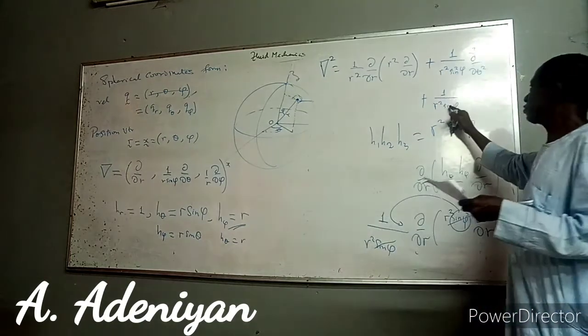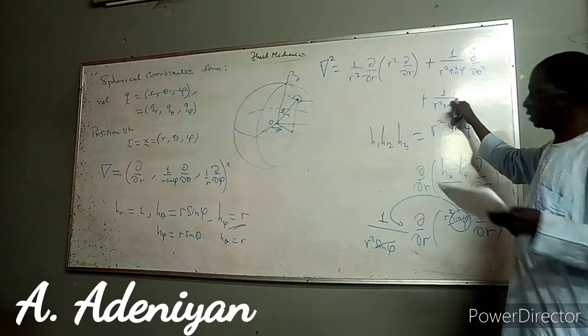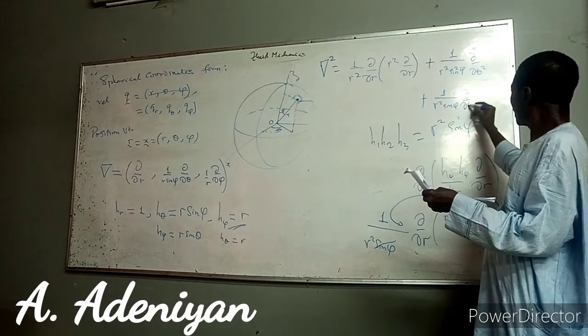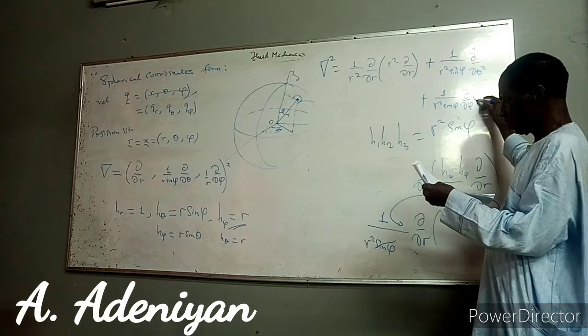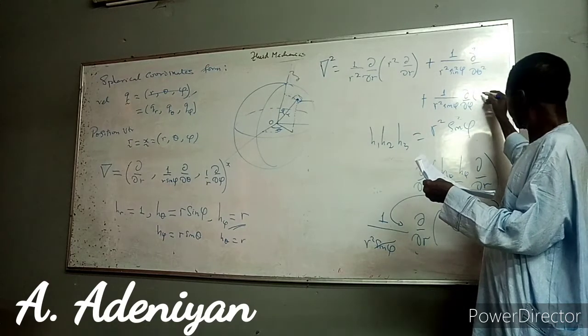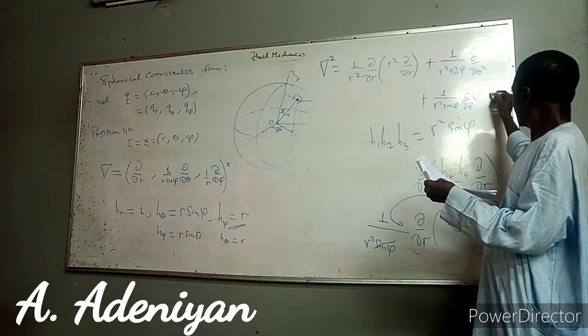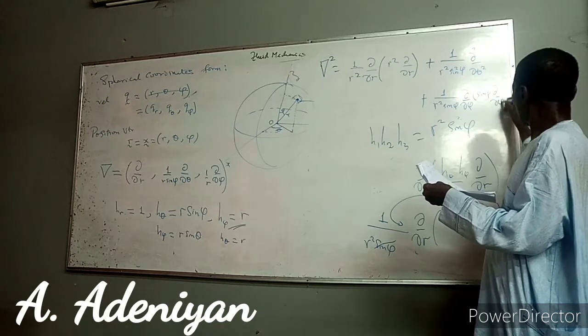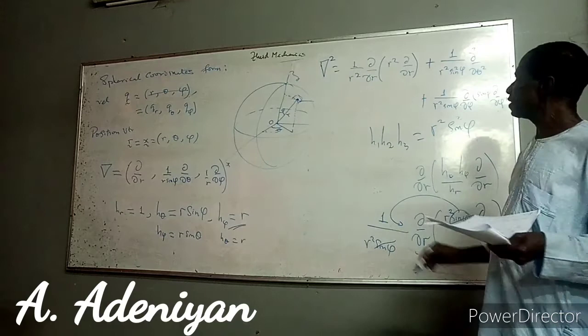This one is squared, though. This one is 1. Take note. So, of di phi, of sine phi, di phi. That's the expansion of this.